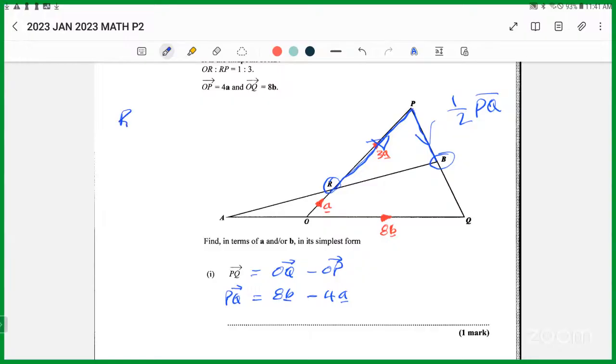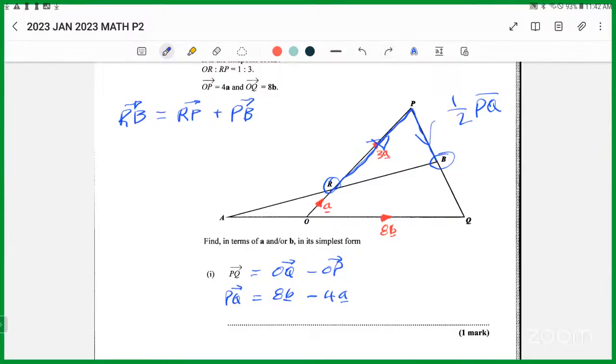Going from R to B is the same as, remember, equals in vectors means it's the same as, going from R to P first, and then going from P to B. That's what the diagram is showing us.